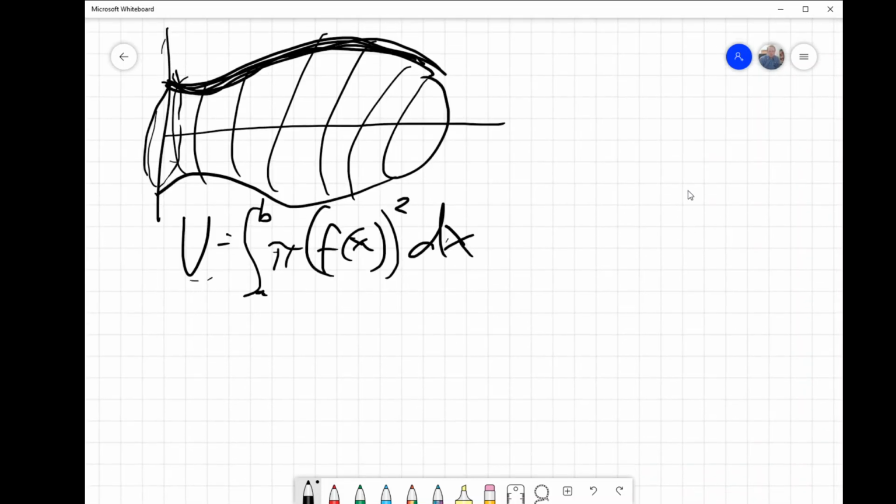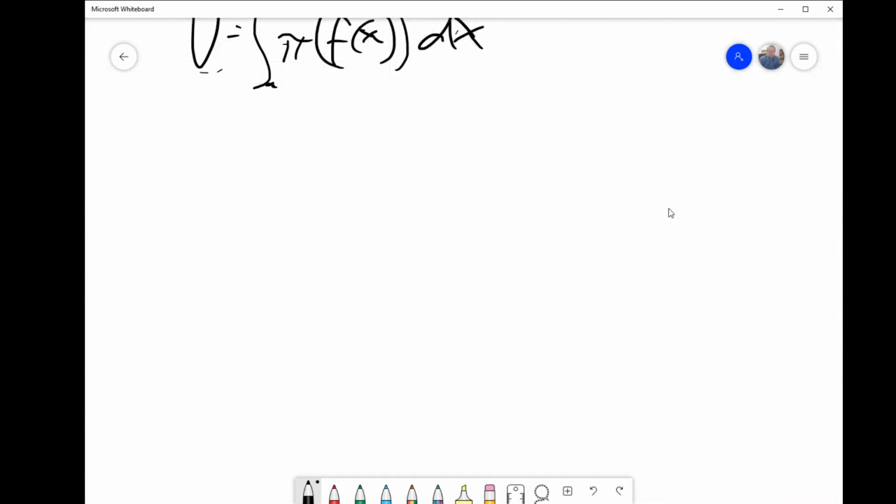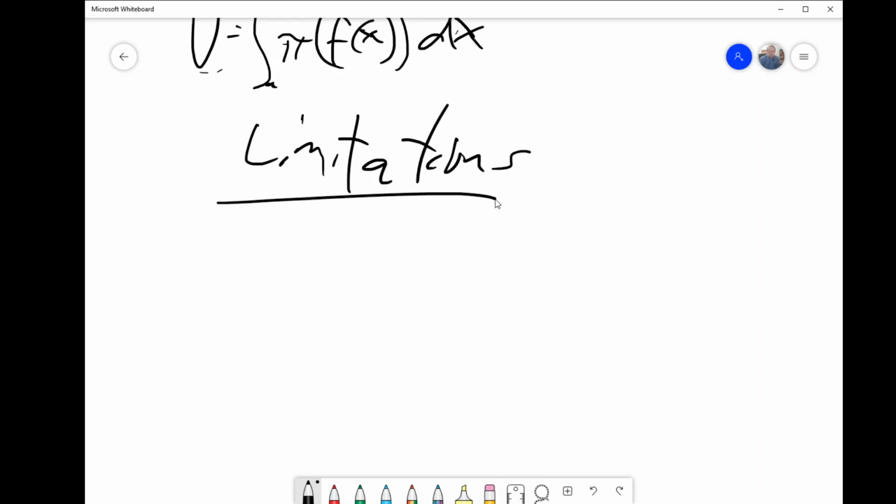And in that, we've come up with our limitation. So the main limitations of this is that they have to be cylindrically symmetrical, or at the very least have to have an area that is easy to express. So if we don't have cylindrical symmetry, say we're trying to find the volume of a pyramid.